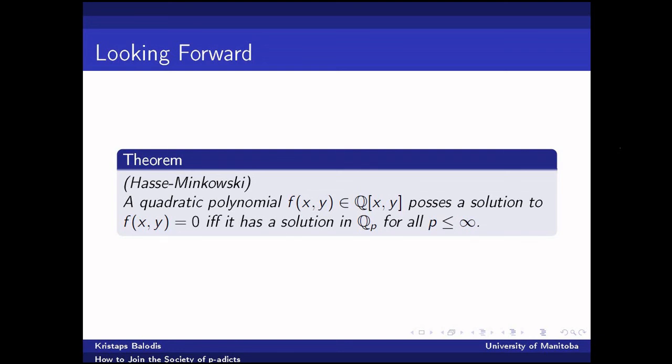The rational numbers sit inside all the p-adic numbers and the real numbers, so clearly if we have a rational solution, then we have a p-adic solution for all the p-adic numbers as well as a solution in the real numbers. The interesting part of this theorem is the converse, that says that we can somehow lift our collective solution from all the p-adic numbers and the real numbers to a rational solution.